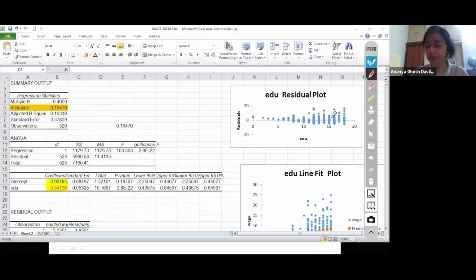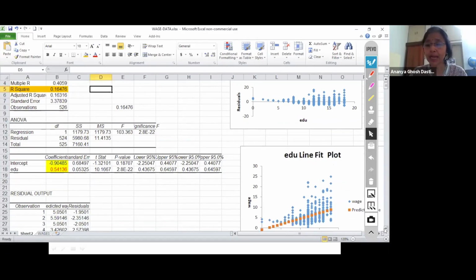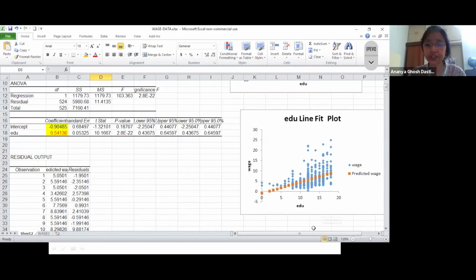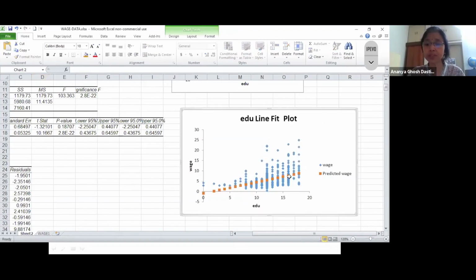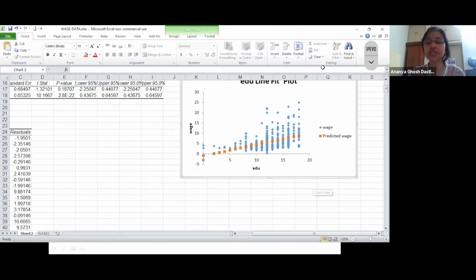Let's look at what the model is telling us. I will just use this diagram over here. This is what my model is actually telling me.